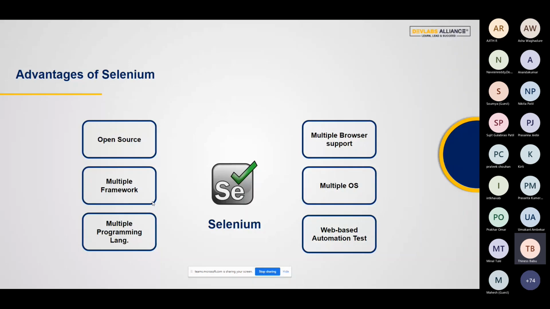Then the main thing is multiple framework support. Selenium supports BDD Cucumber. Selenium supports TestNG. Java Selenium supports Serenity, which means that multiple frameworks are available in open source, so that they can be utilized depending upon your needs.